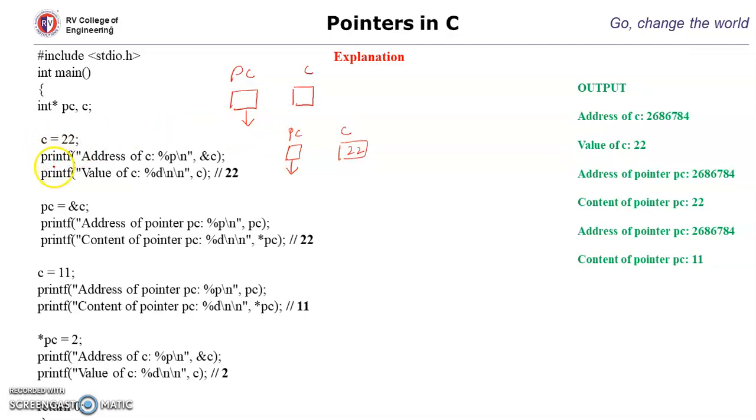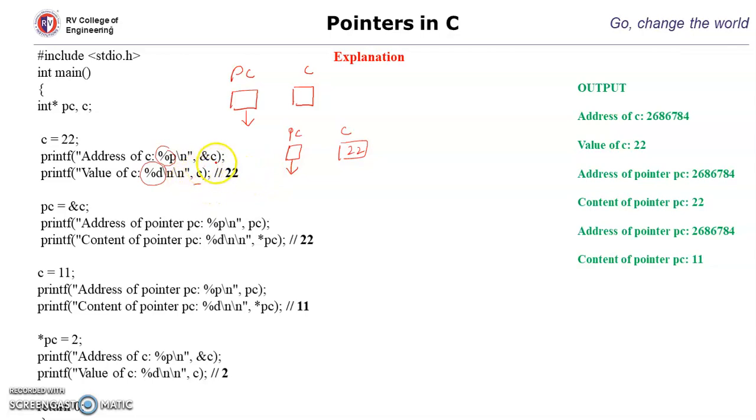Next we are printing the address of c, and in the next printf statement we are printing the value of c. When we have to print an address, we use the format specifier %p, and while printing we write an ampersand. So &c will print the address location of c. Here we are using the format specifier %d, which means we are going to print a value, and here we have just written c.